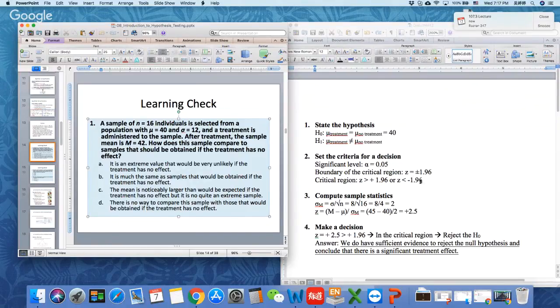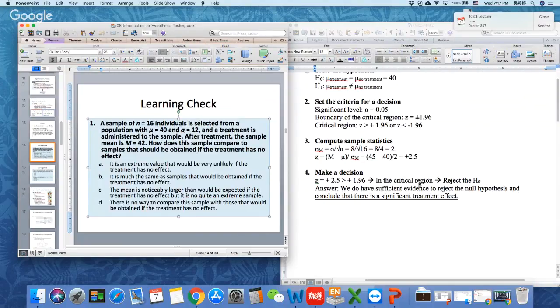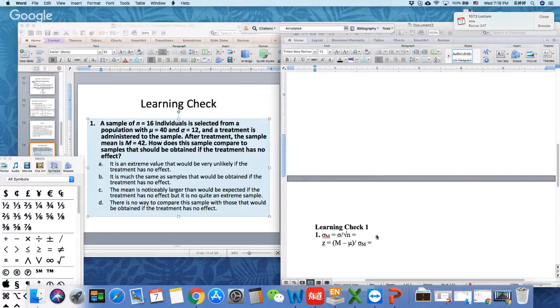And then we know our critical region. So we just need to redo the computation of the sample statistic. The same thing. So sigma m equals 12 divided by the square root of 16, which is 3.